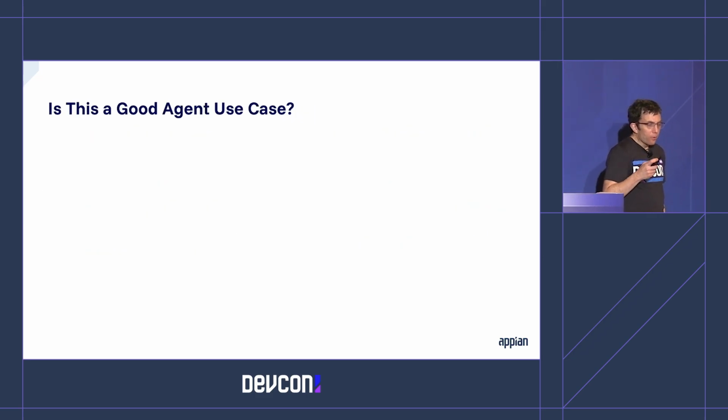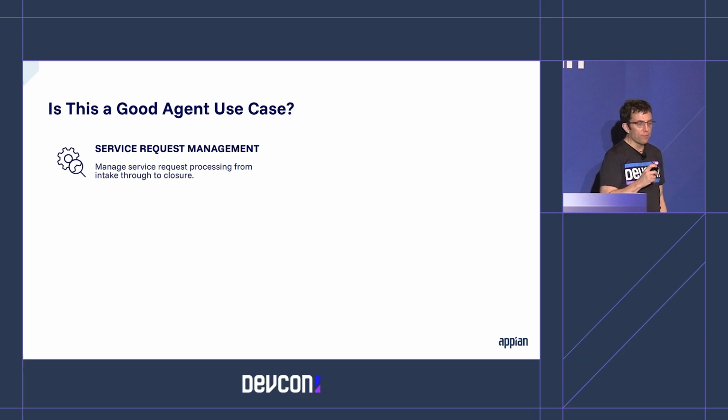So let's go through, is this a good agent use case? The first one is service request management. It sounds dynamic, but if you think about it, is it really dynamic, or do you really follow the same set of steps each time? Do you have an email intake, or an intake in a form or an application?